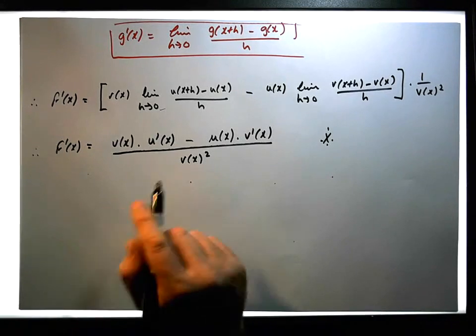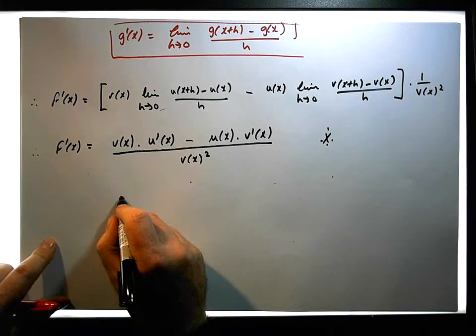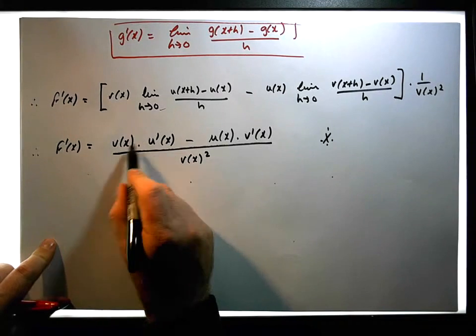Well, this is the derivative of u. So a times b is the same as b times a; these commute.